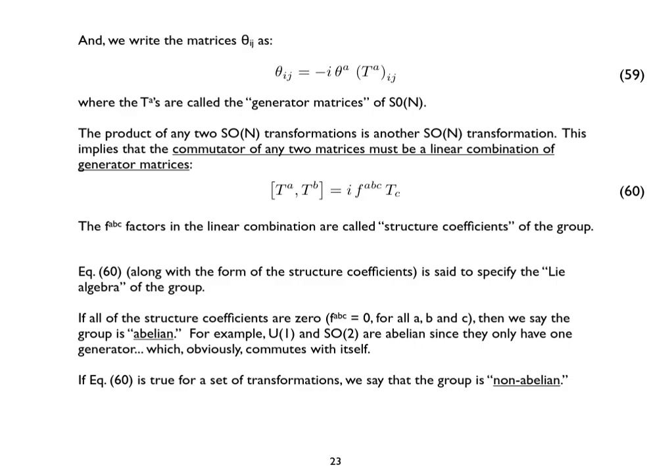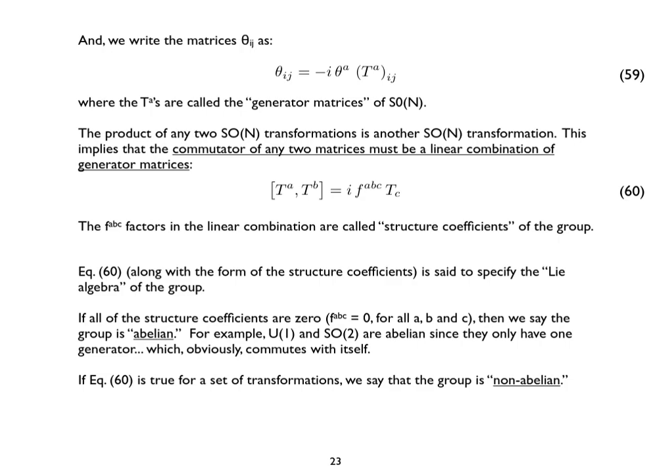And so you can write down a complete analogy to the SU(2) case, where the F would be the Levi-Civita tensor and the T's are the Pauli matrices. You can write down a general commutator relationship between these generators.